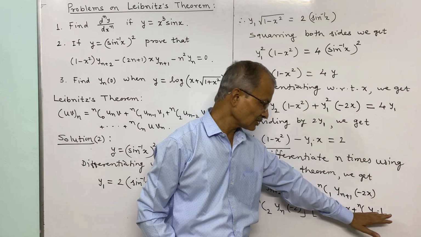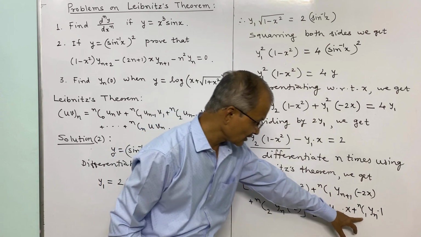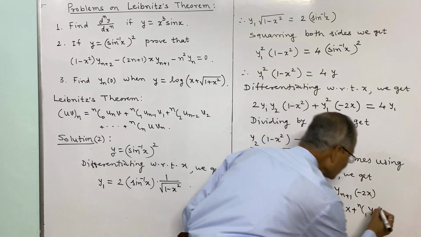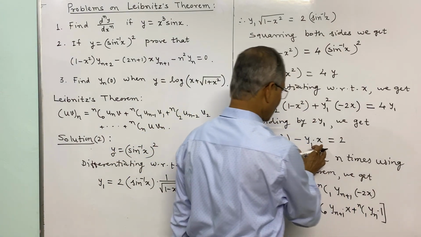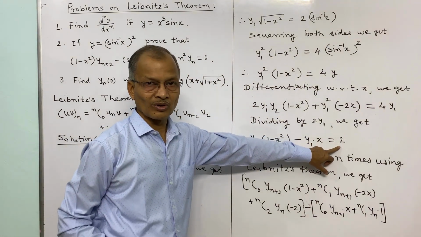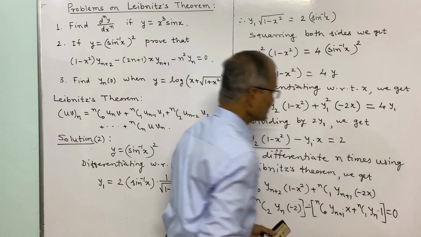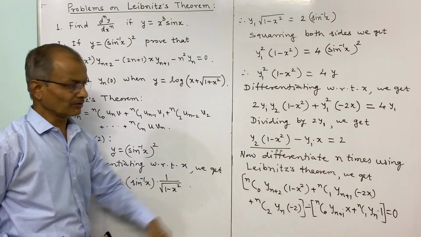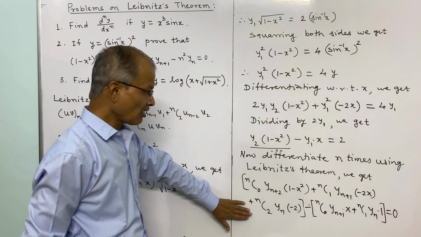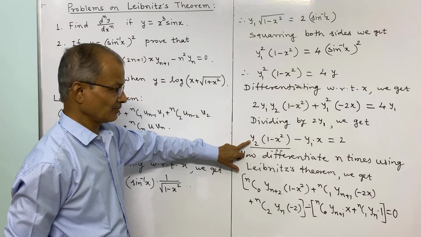So therefore the next term is going to be 0, all terms will be 0 next onwards, and therefore this much is the derivative of the second function, and on the right side it is only 2, so therefore its derivative is 0. First derivative is 0, all the further derivatives will be 0. So thus we have obtained this equation using Leibniz theorem.